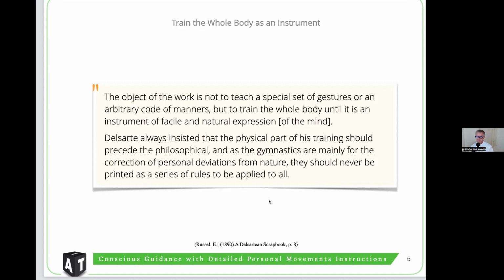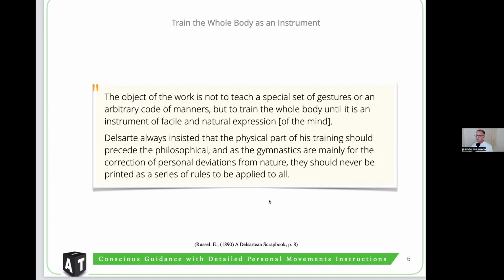So the idea was not to teach a set of gestures, for example, the gesture of bending, or the gesture of presenting the hands in front of oneself, like reaching for something that is not there. That's what an actor would do, for example. The idea was to coordinate the movements of the different parts of the mechanism into a natural expression.